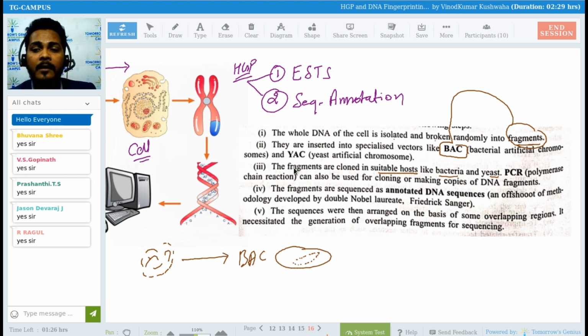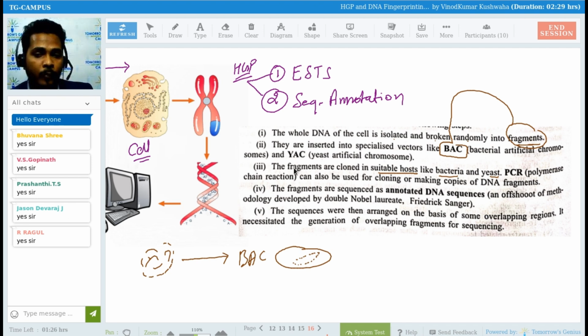So this is going to make a clone, and PCR can also be used for cloning or making copies of a DNA fragment, because PCR is another method, which is called the polymerase chain reaction. So you can multiply your number of fragments within a second or within a minute, right?